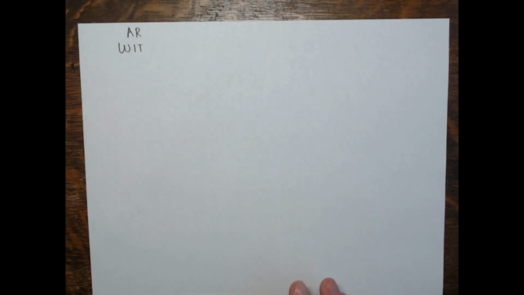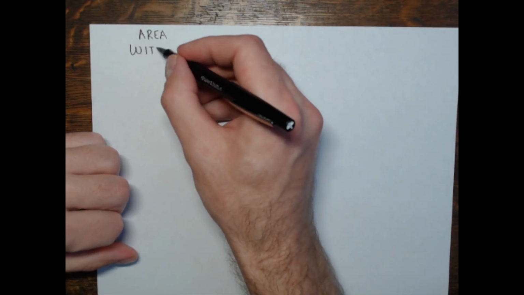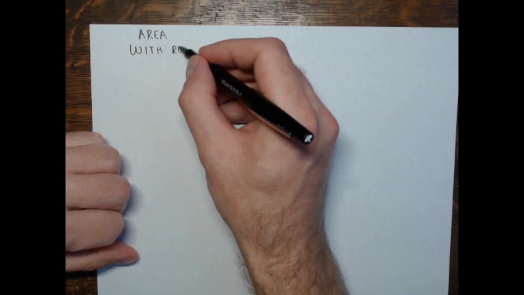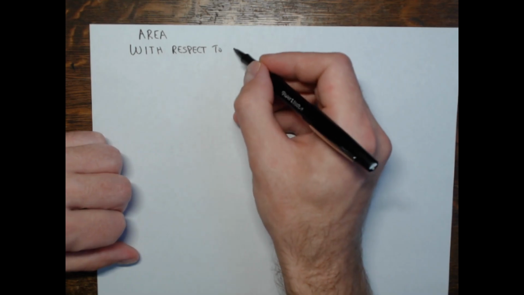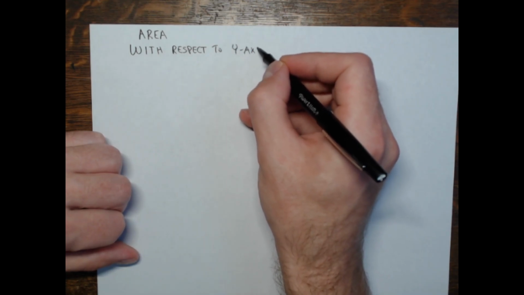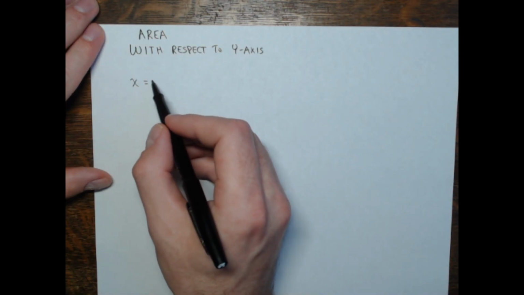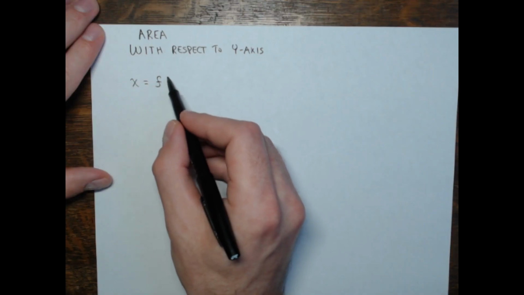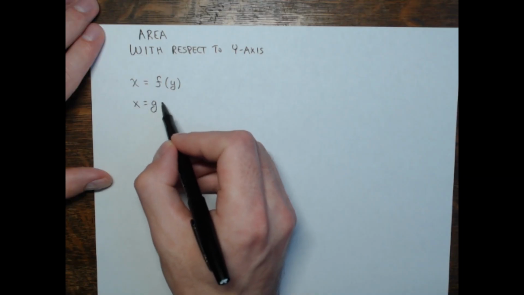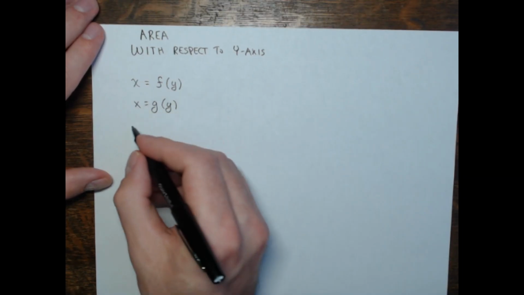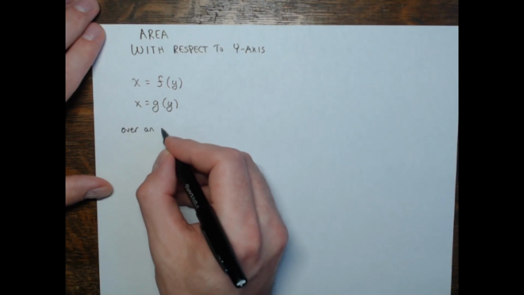Where y was a function of x. So now I'm doing area with respect to the y-axis. Okay, so you have x is a function of y. So say x is equal to f of y and x is equal to g of y over an interval on the y-axis.